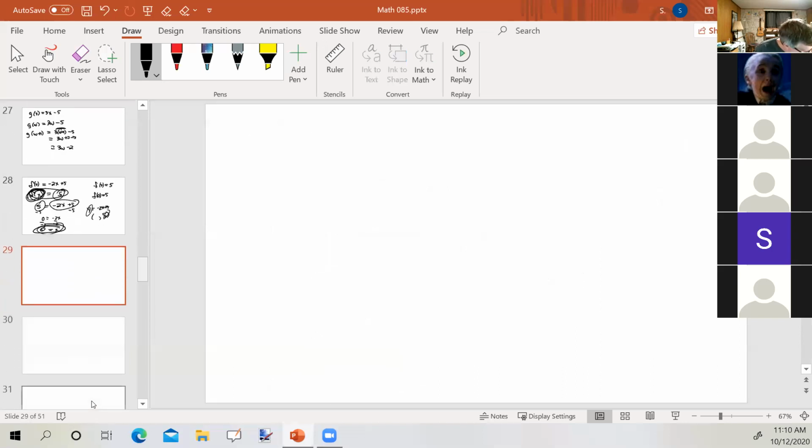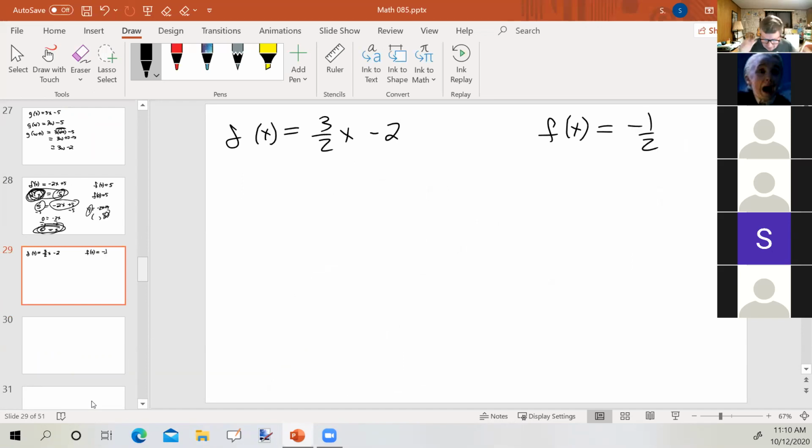Let's see. f of x equals 3/2 x minus 2. For what value of x is f of x equal to -1/2? So what value of x put in gives me a value of y, or f of x, of -1/2?